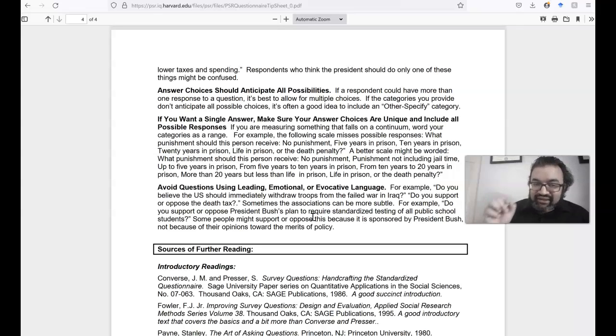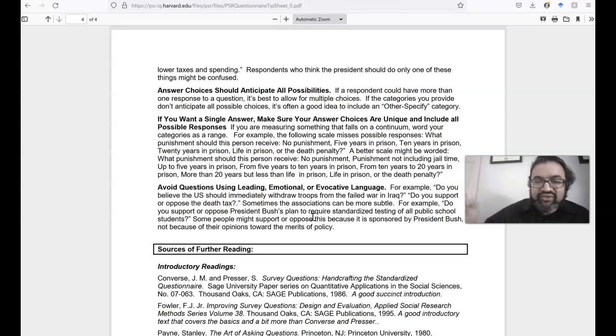And then last but not least, but equally important, avoid questions using leading, emotional, or evocative language. So you don't want respondents to be thinking about a specific thing. You want them to, by themselves, come up with the specific answer.